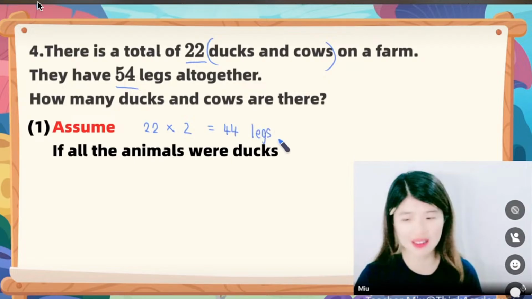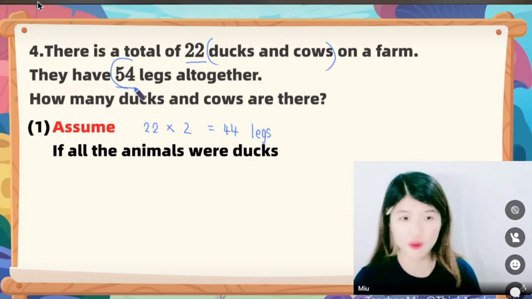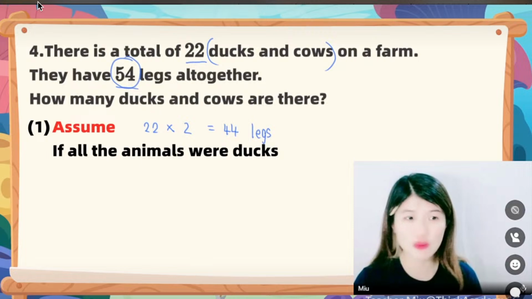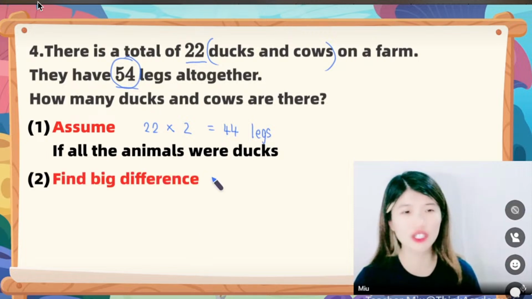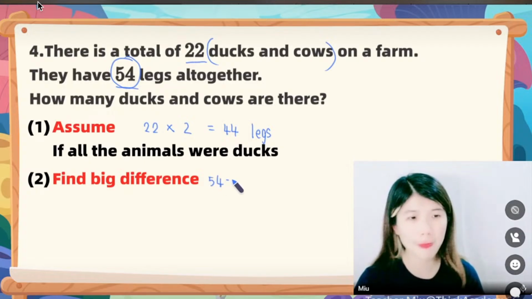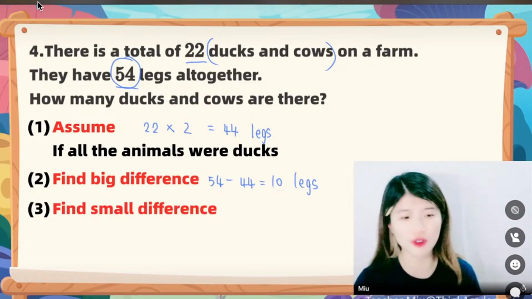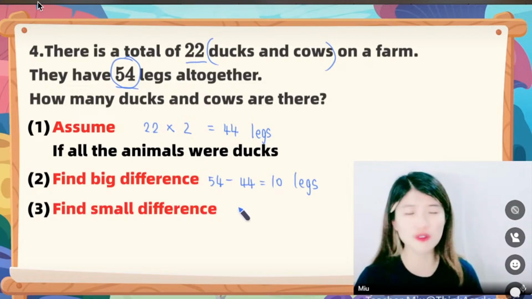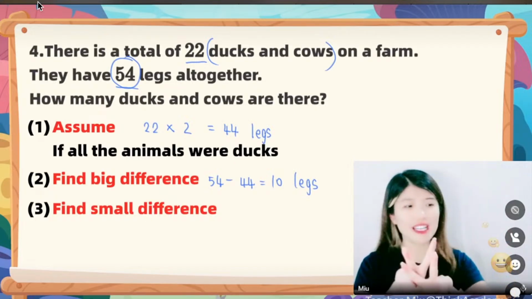But then again, the question says how many legs? 54 legs, which means we don't have enough legs. So we use 54 minus 44 to get 10 legs, right? Can I give all these 10 legs to one duck? Cannot. You need to find the small difference. Now everybody has 2 legs already, and we can add 2 more legs to become a cow.